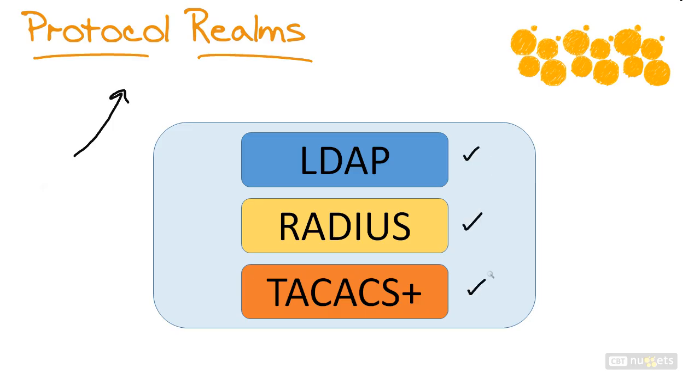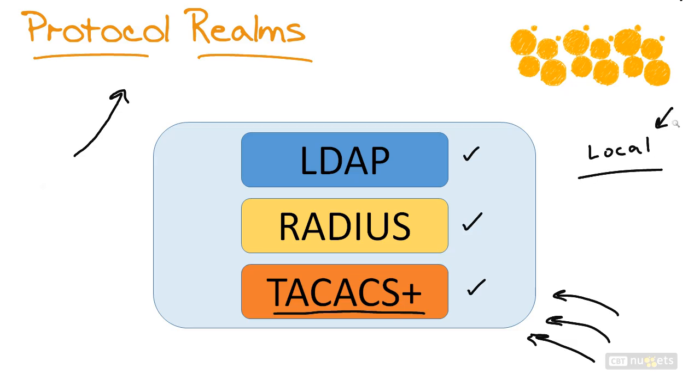When we have a bunch of, let's say, TACACS plus servers, and we want to add them as external authentication sources for our UCS system, they go into a protocol realm called TACACS plus. Okay? By the way, we have local, right? And that is technically a protocol realm as well. So, please know the terminology. You'll need it if you're interested in certification.